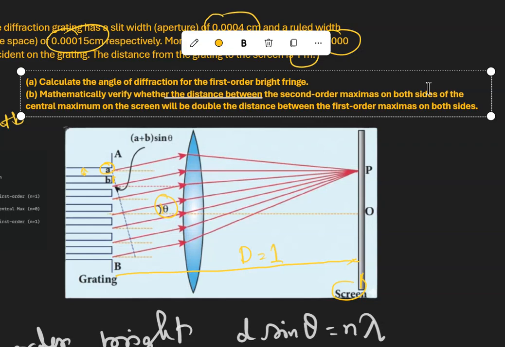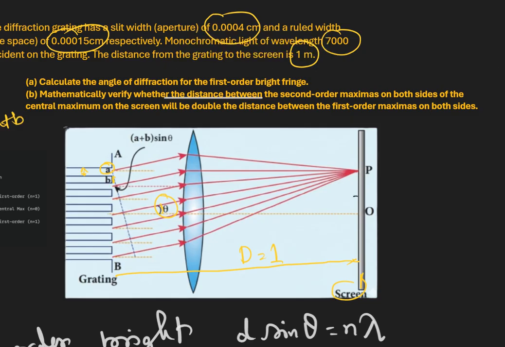To understand this problem, we have to understand the figure first. The second order maxima means, let's say this is the first order fringe and this is the second order fringe, and here n equals 1 and here n equals 2, and as it is both sides, this is n equals 1 and this is n equals 2.